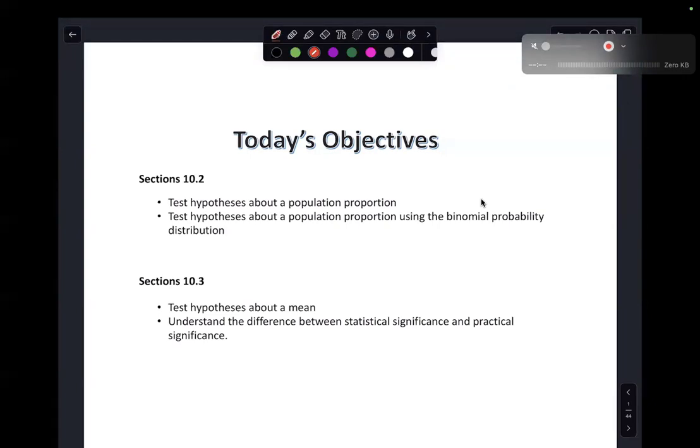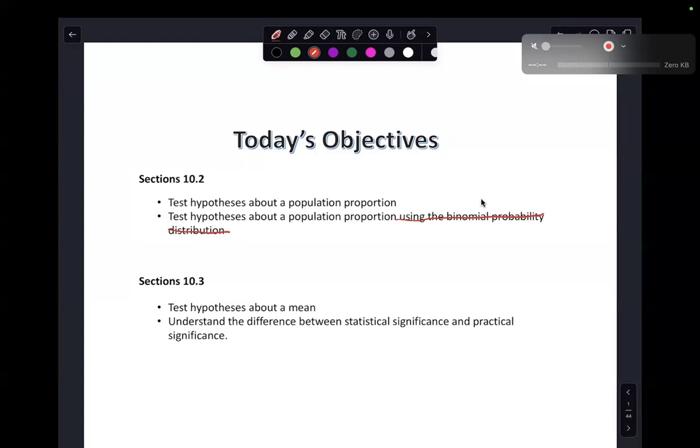So we're going to go to 10.2. 10.2 is hypothesis testing with population proportions. We are not going to use the binomial probability distribution. We absolutely could, but we're not going to. So we're just going to do hypothesis testing with our population proportion. I took that piece out because so many people struggled with the binomial probability, the binompdf and binomcdf and all of that.